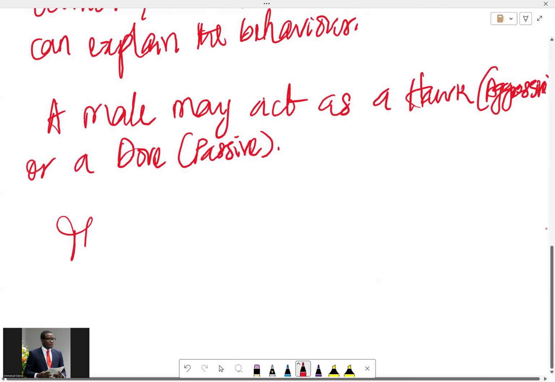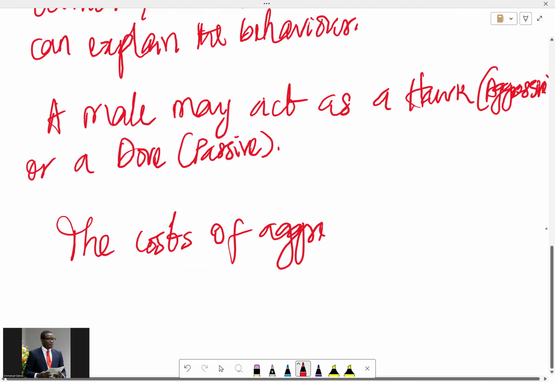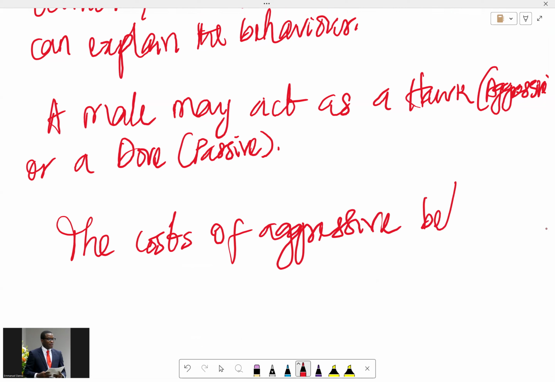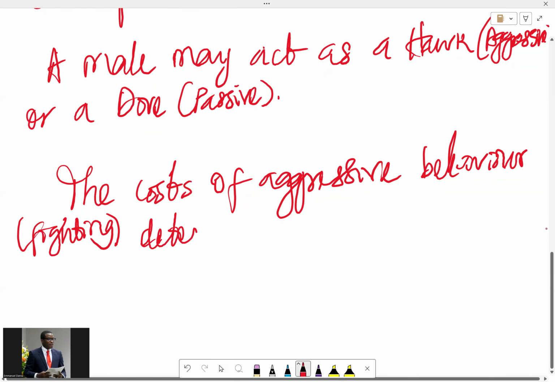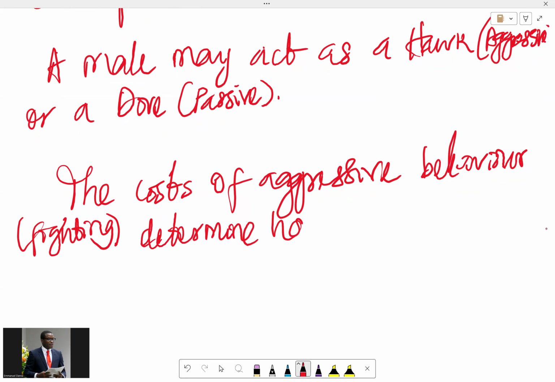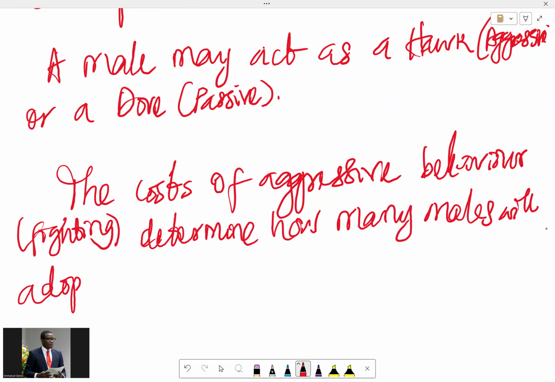So the costs of aggressive behavior, of course, which can be seen as fighting, determine how many males will adopt each strategy. So we have that example.